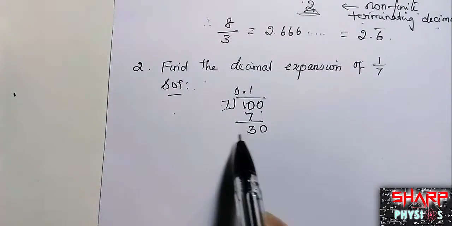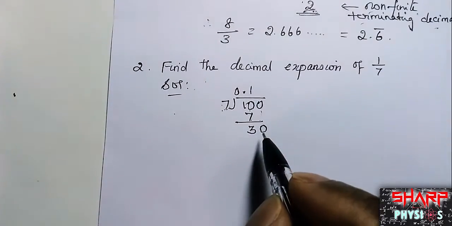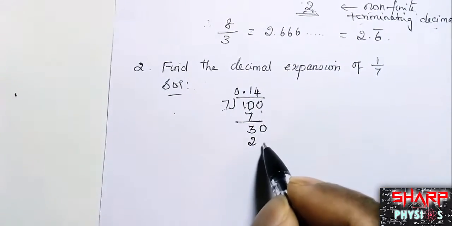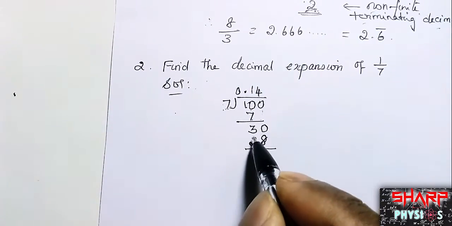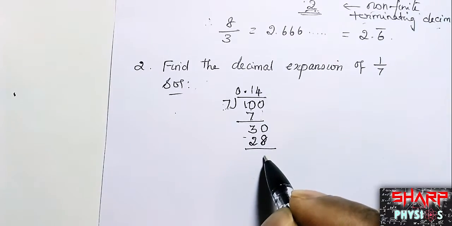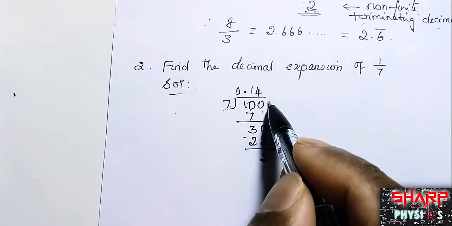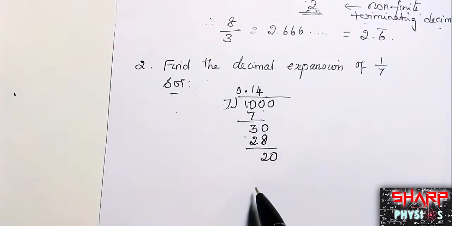It becomes 30, which is greater than 7. 7 fours are 28. When you subtract, you get 2. 2 is less than 7, so you need another 0. Place the 0 next to it.